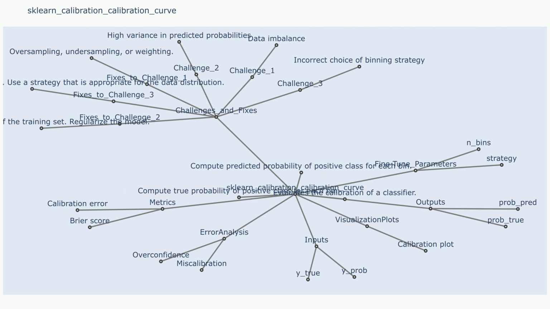Fixes. Use specialized calibration techniques designed for imbalanced datasets, such as the Platt scaling method. Consider using resampling methods to balance the dataset before training the model. Focus on evaluating the model's performance on the minority class to gain a better understanding of its calibration in that context.